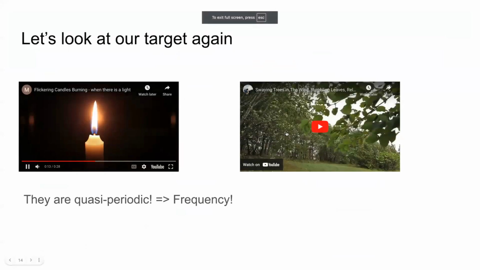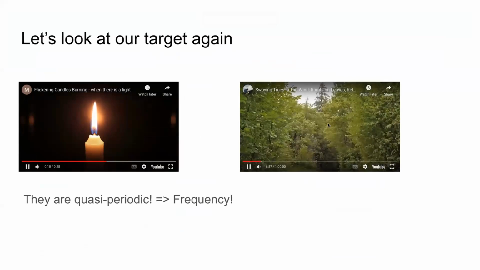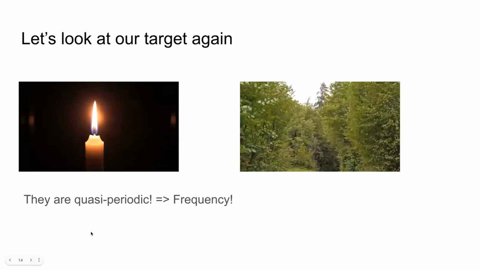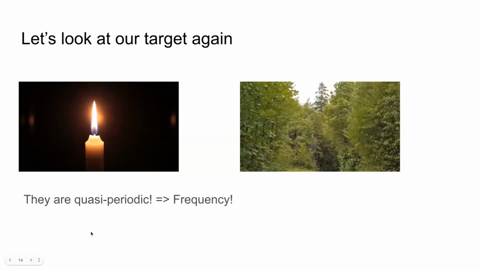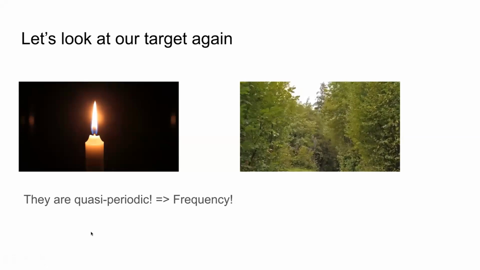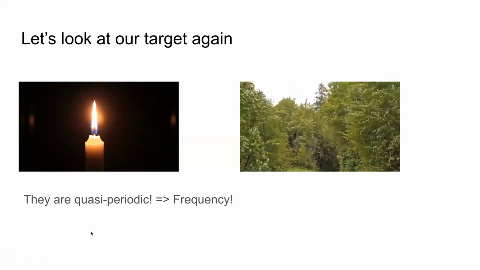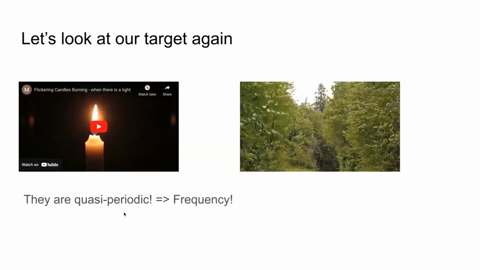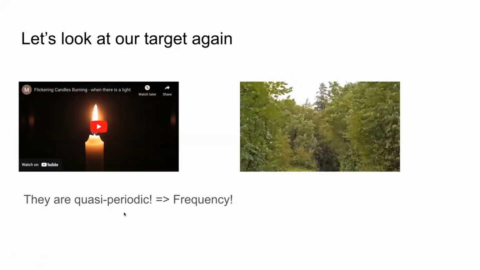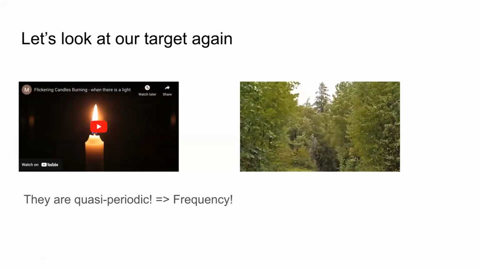Quasi-periodic means they're close to periodic: not exactly repeating themselves, but close. This periodic characteristic makes the authors think, why don't we use frequency to represent these motions?